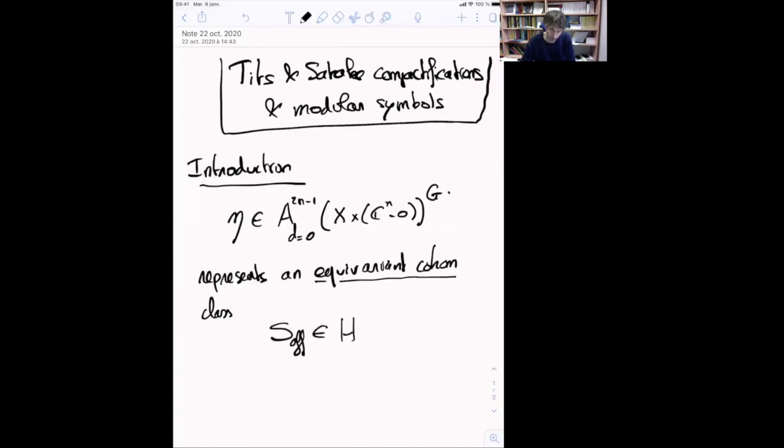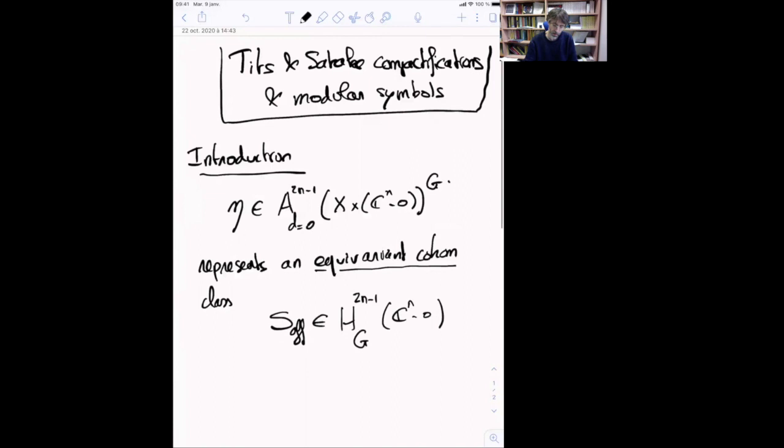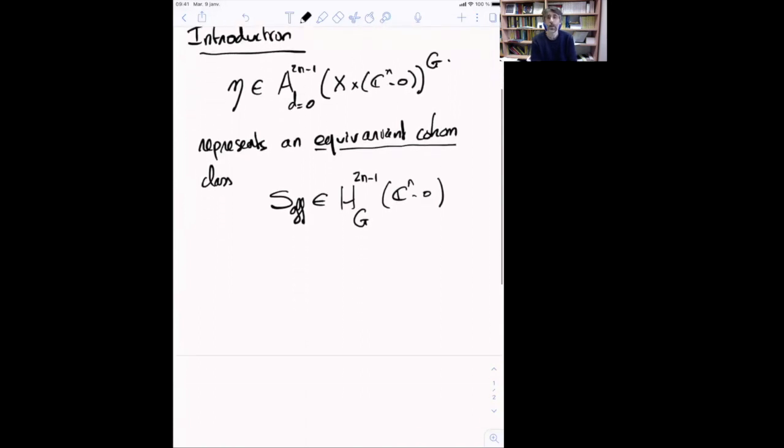It's a 2n-1 equivariant cohomology class of C^n minus 0. So maybe I should explain a little why this is so, because here I'm going from a continuous cohomology somehow to discrete cohomology. So how do you get from eta an equivariant form like that?